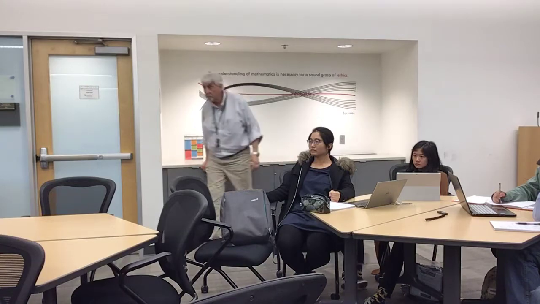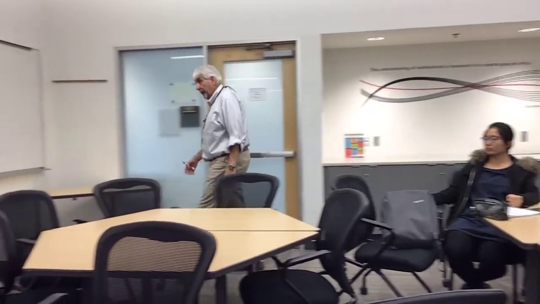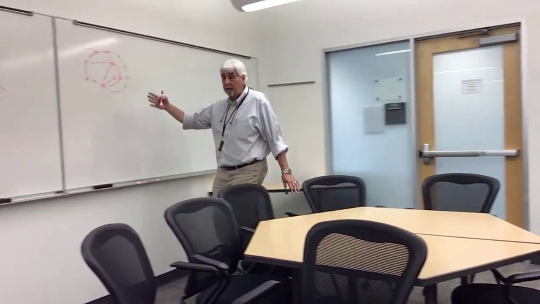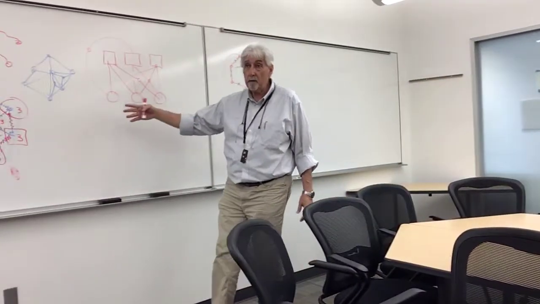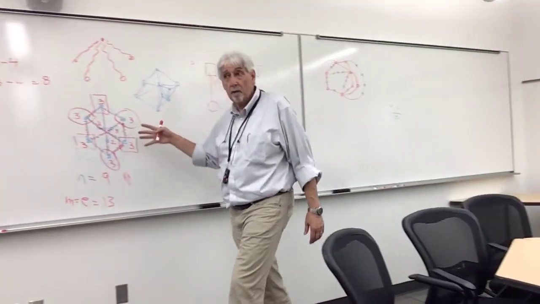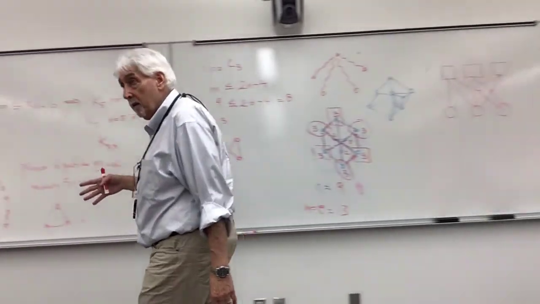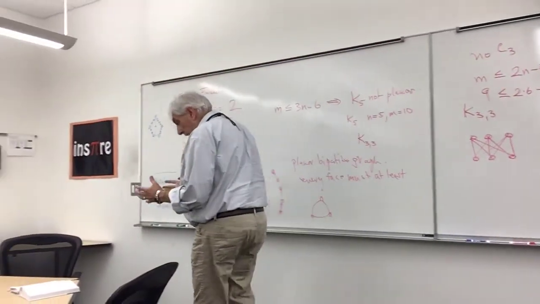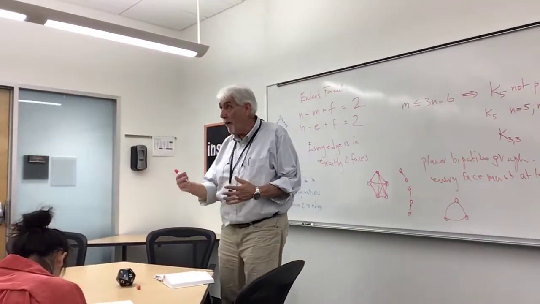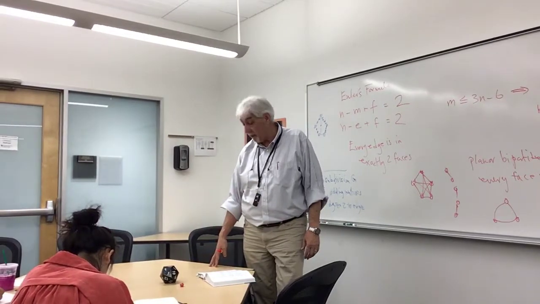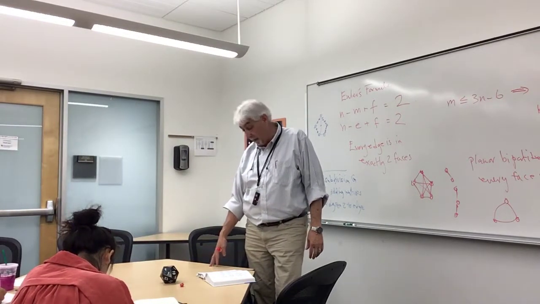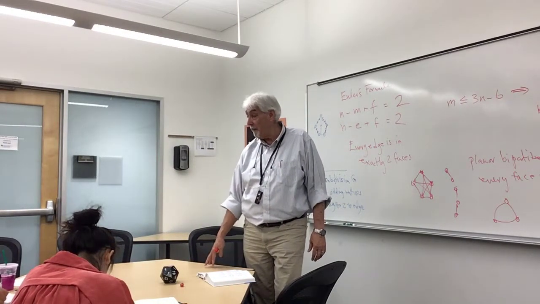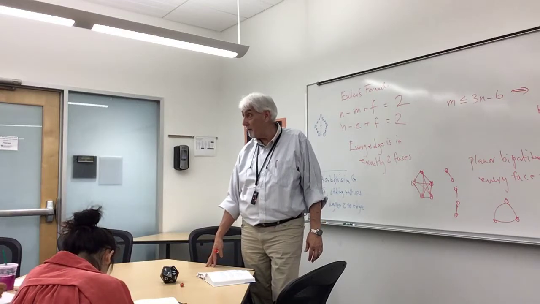Okay? So since it contains a subdivided K33, is this graph planar? No. Okay, is that clear? That's the challenge, trying to figure out where the K33 or the K5 is. And a good indicator is if you're having trouble drawing these things.